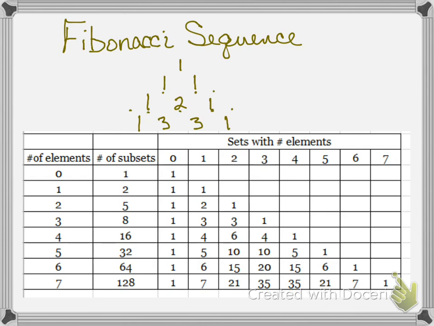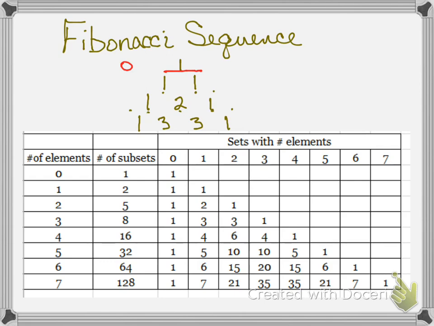Okay, if we figured that the first row, this row right here, was based on a universal set that had 0 elements in it, then there would be one subset, and that one subset would be the empty set.